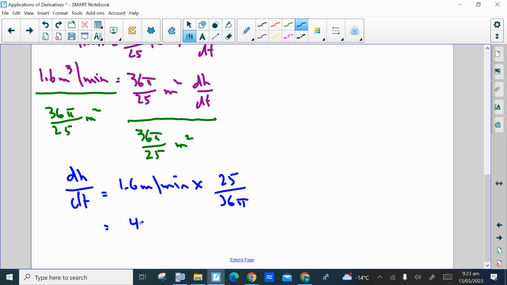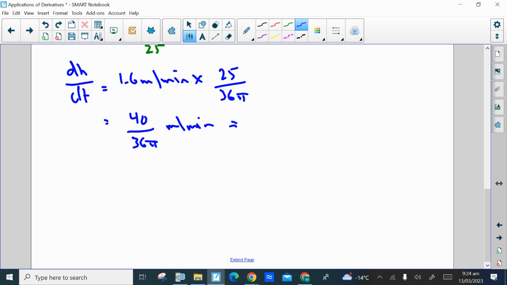So that'll be 40 over 36 pi meters per minute. And that can be reduced by dividing top and bottom by 4, which will give us 10 over 9 pi meters per minute.